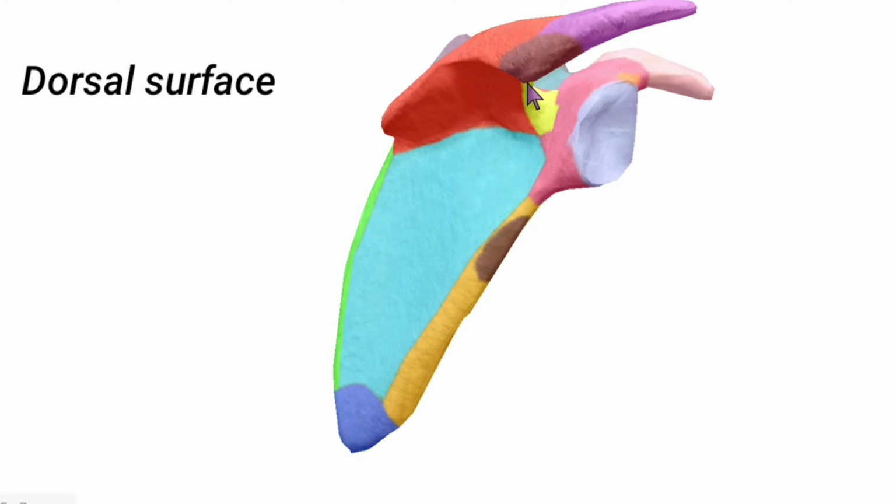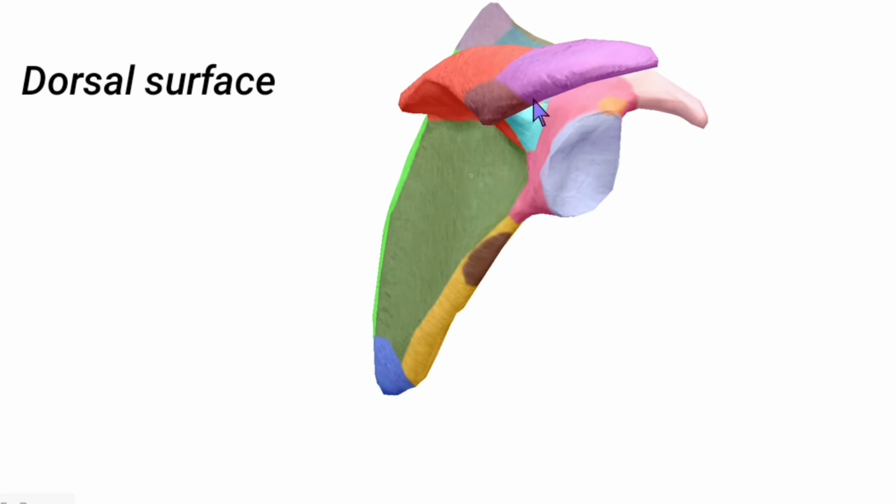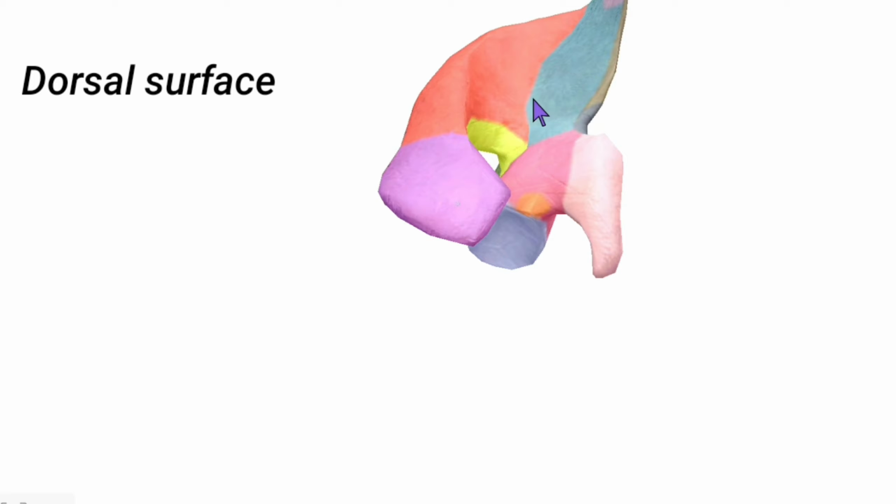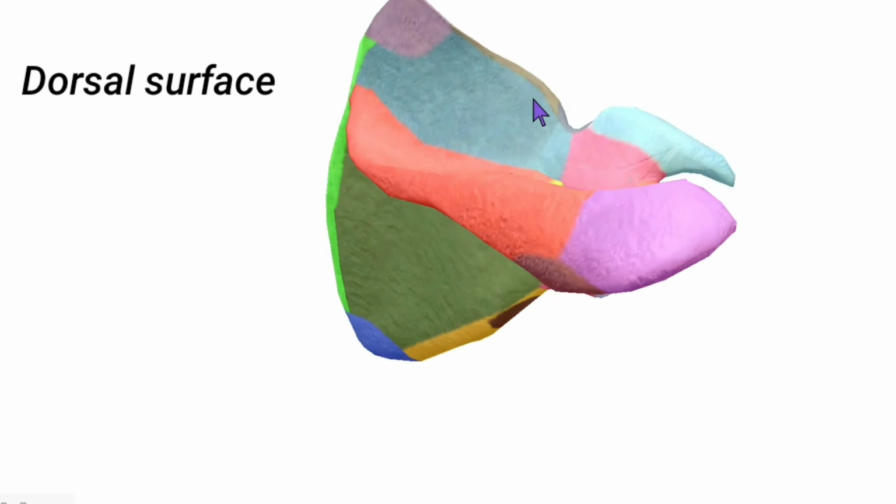The spinoglenoid notch is between the glenoid cavity and the spinous process of the scapula. So this is the spinoglenoid notch. This connects the upper supraspinous fossa and the infraspinous fossa.